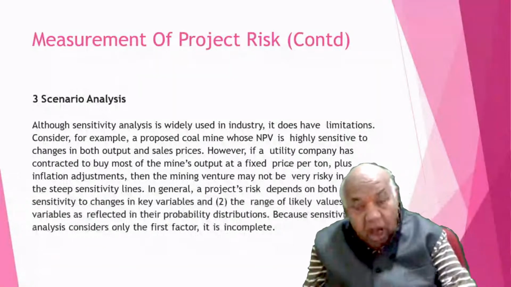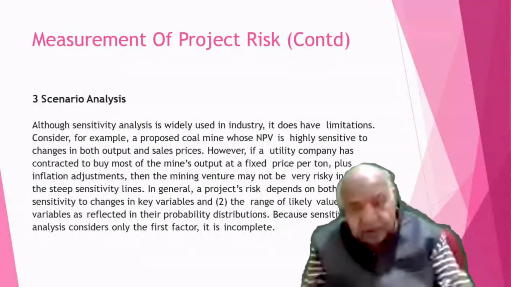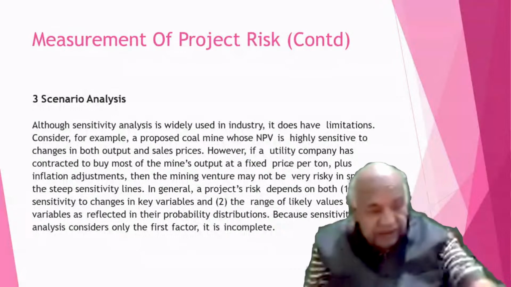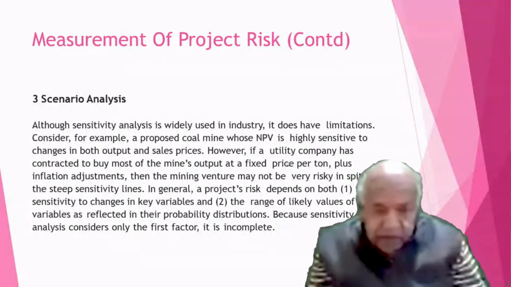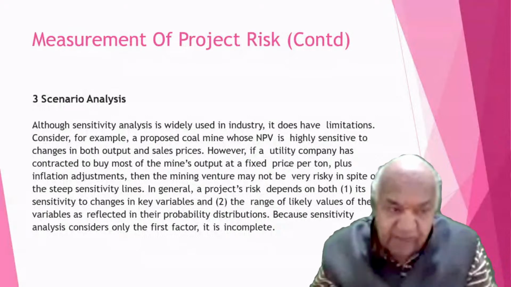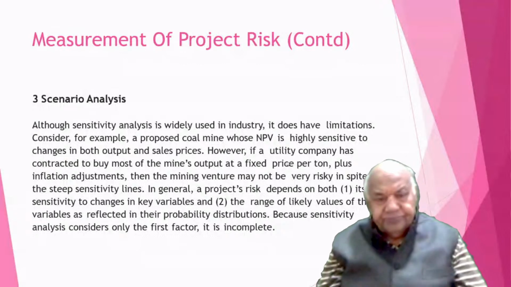However, if a utility company has contracted to buy most of the mine's output at a fixed price per ton plus inflation adjustments, then the mining venture may not be very risky in spite of the steep sensitivity lines.